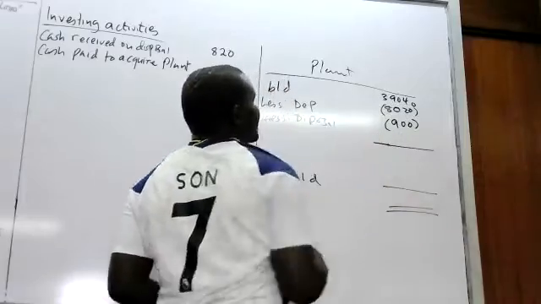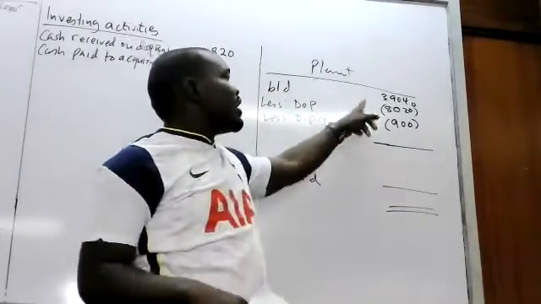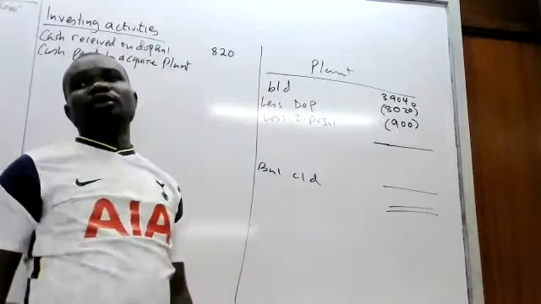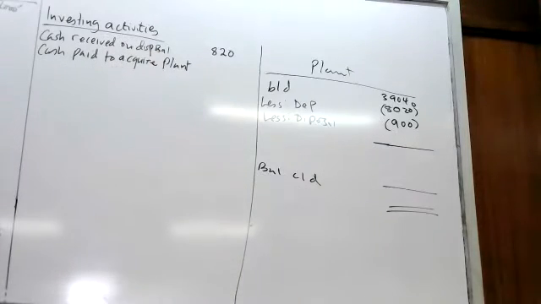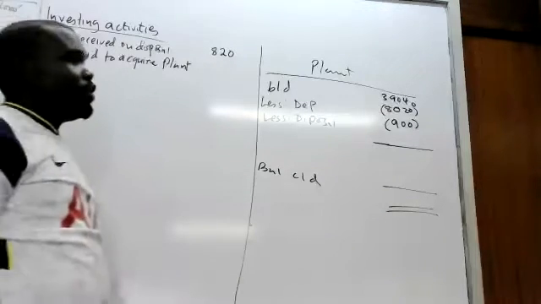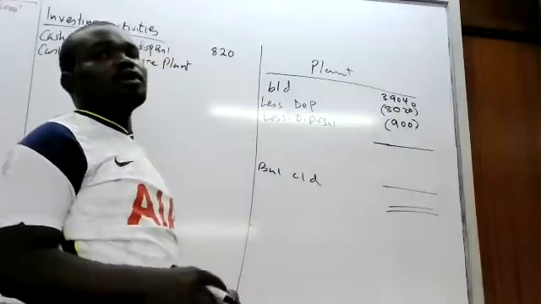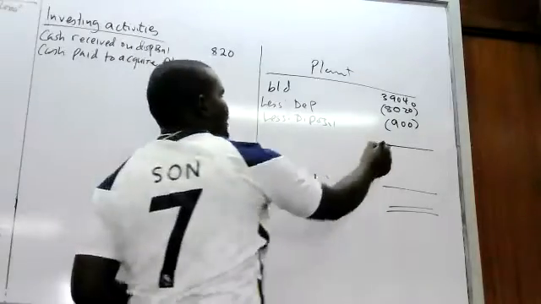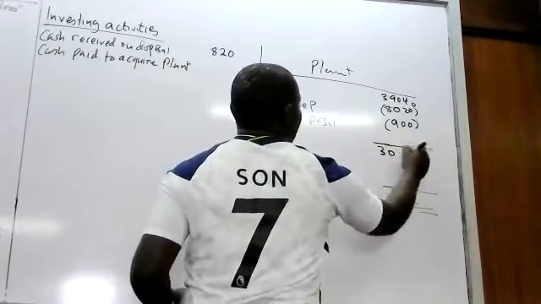Correct. So what should be the closing? Base minus depreciation minus disposal. The closing should be 30 and 20.